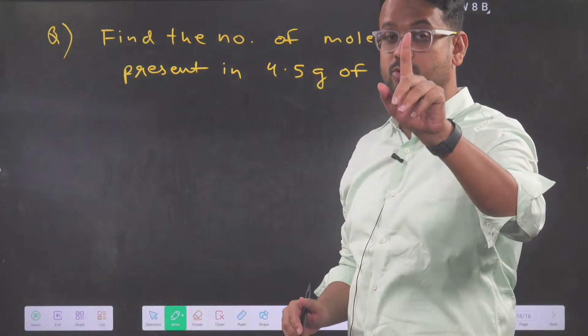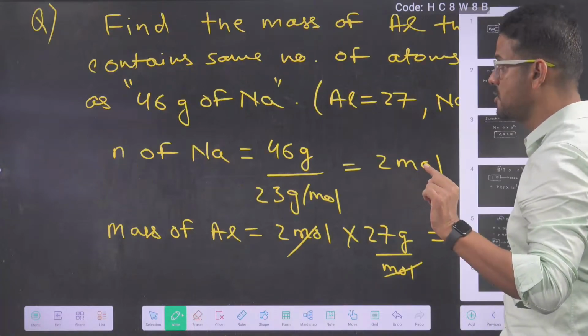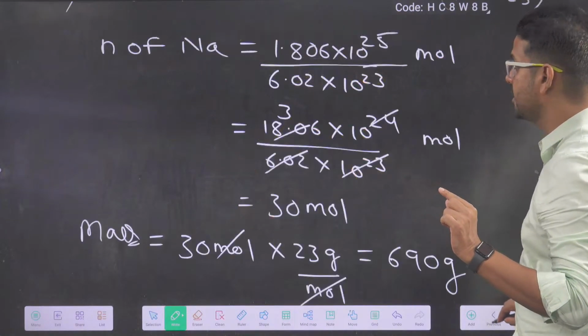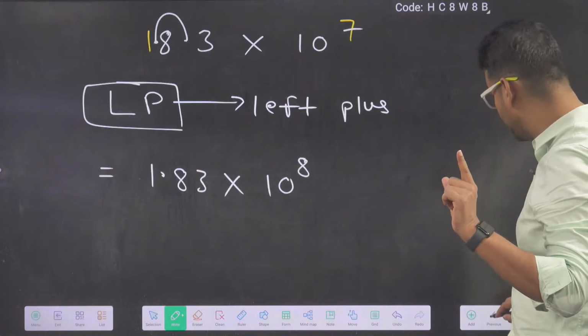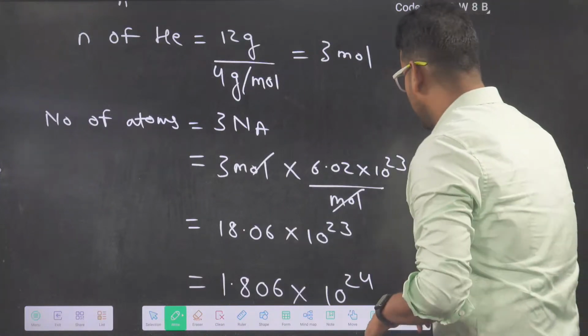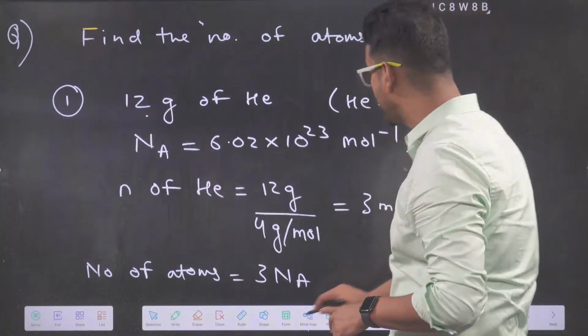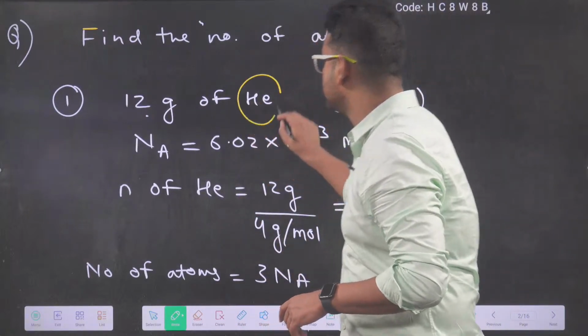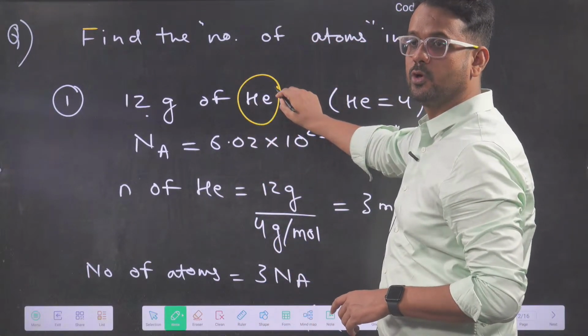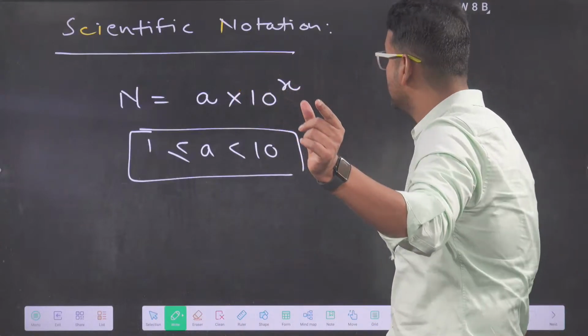pay attention to this very important change. Earlier in the questions, I just want you to bring your attention to a small fact. I was giving you helium. Helium is an atom.